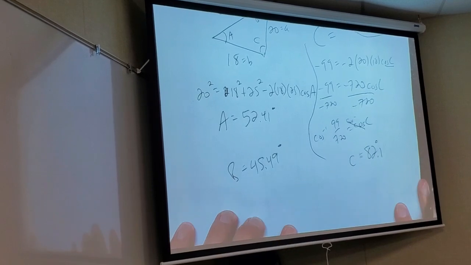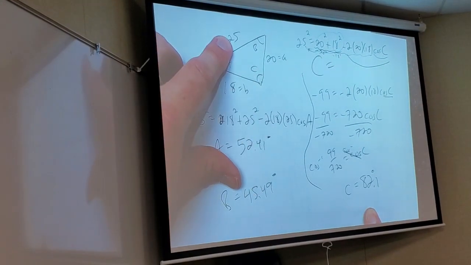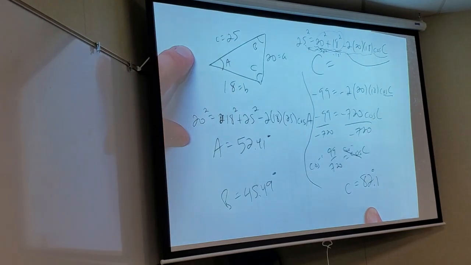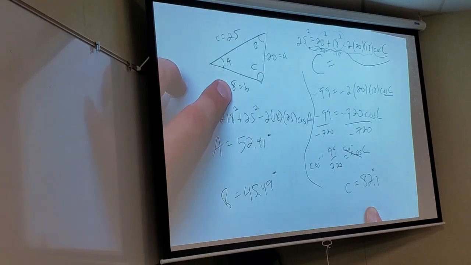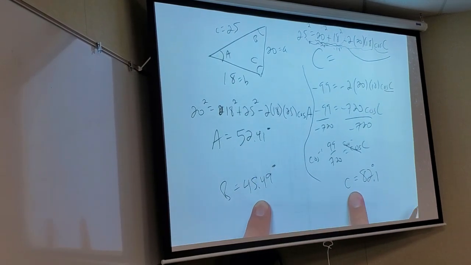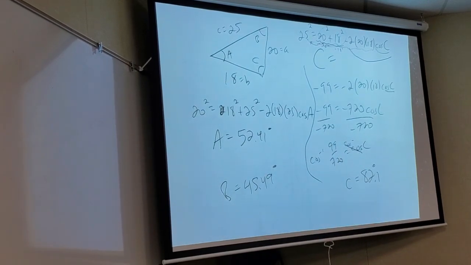Why does that line up with what we expect? C was the biggest. What angle should be the smallest? B, because it has the smallest side. And sure enough, it does. So that doesn't tell me that everything I did is exactly right, but at least it rules out that I made some big mistake, right?